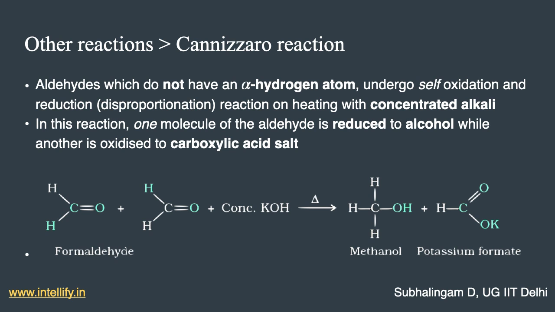For example, I have formaldehyde and I treat it with concentrated KOH and heat it a little. I get methanol, the reduced product, and potassium formate, the oxidized product. The oxidized product is the carboxylic salt of potassium here, since I have used KOH.